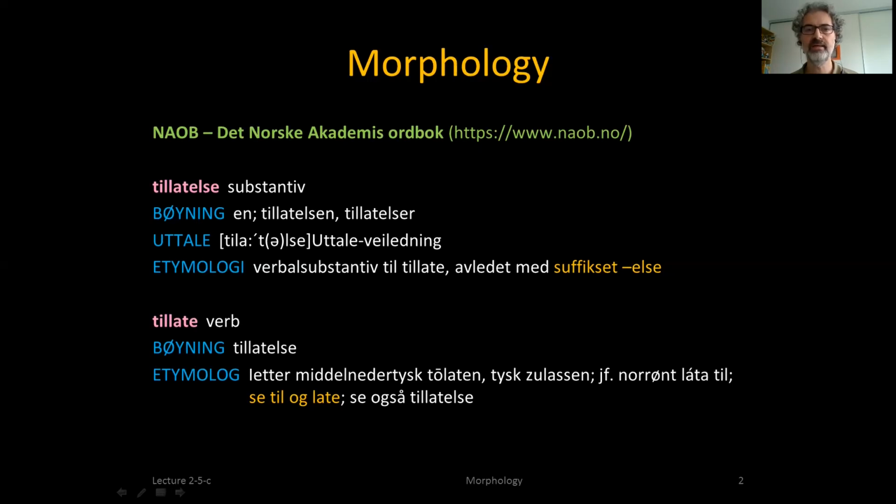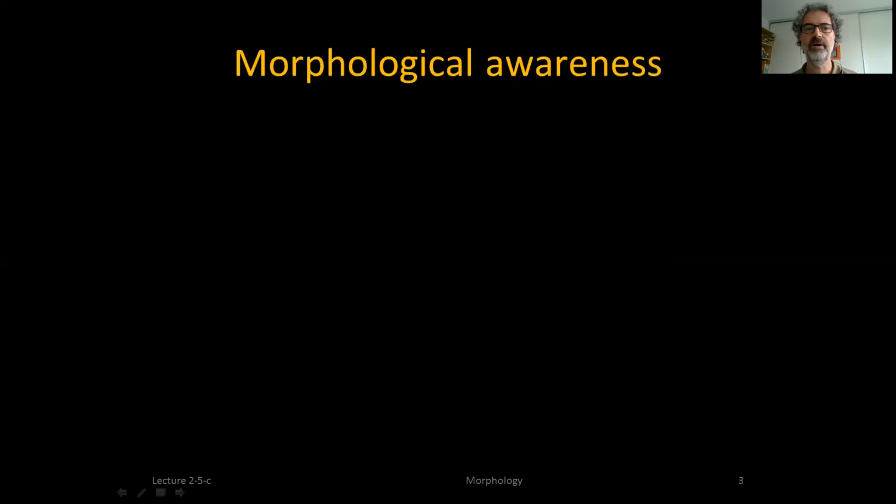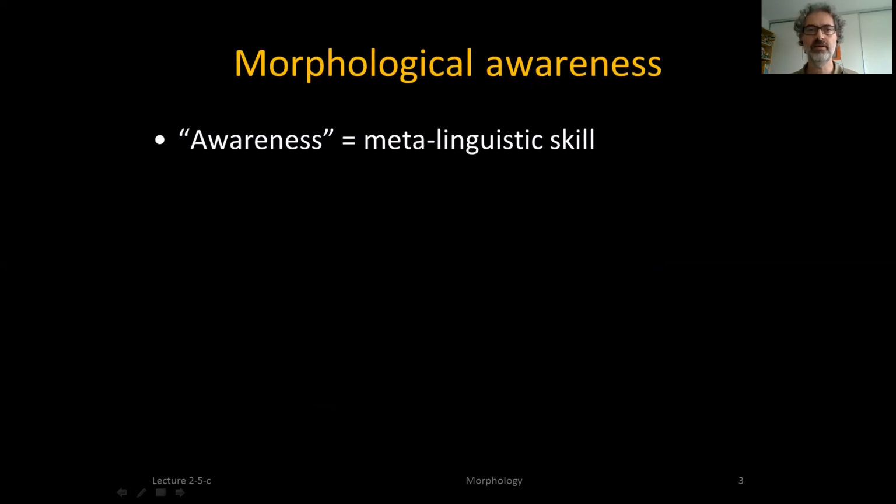This doesn't mean that every speaker has an awareness of the existence and function of these things. So above the level of morphology, which is at the linguistic level, we have morphological awareness, which is at a meta-linguistic level.